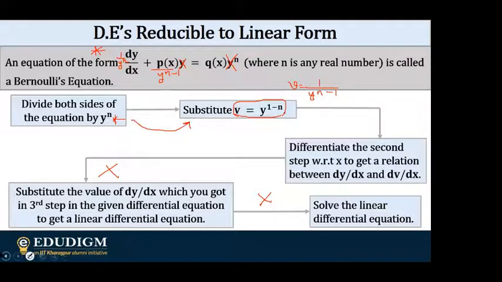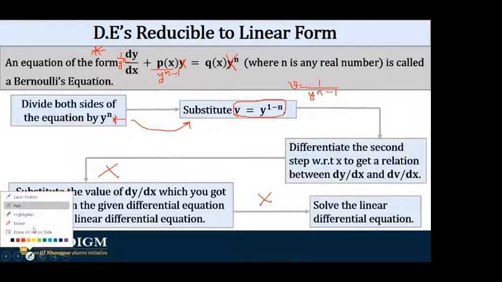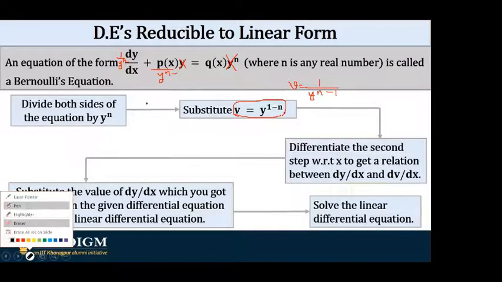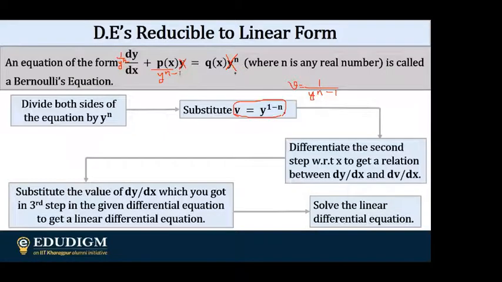All right, just one thing I want you people to notice, which is the beauty of this substitution. See what we have done after this. Once I have divided it, look at this one. 1 by y to the power n. This is y to the power minus n, right?